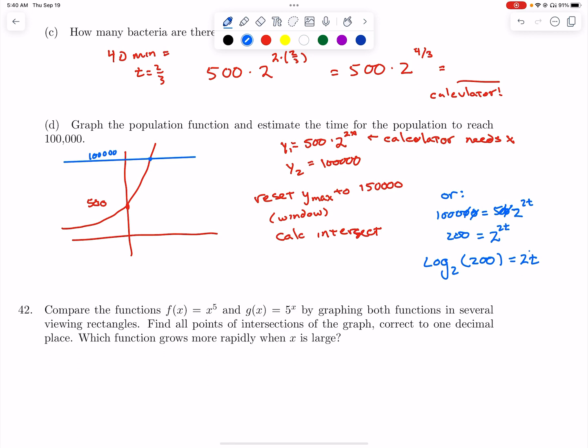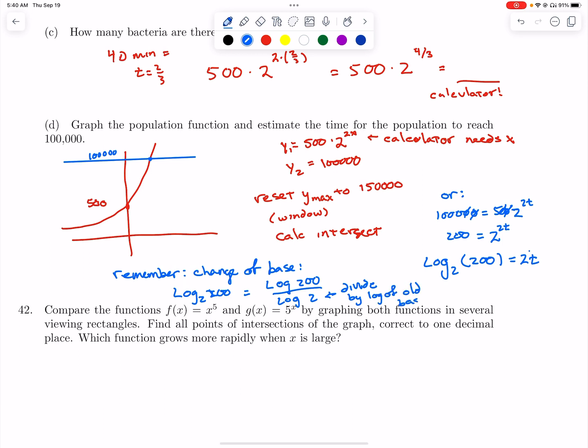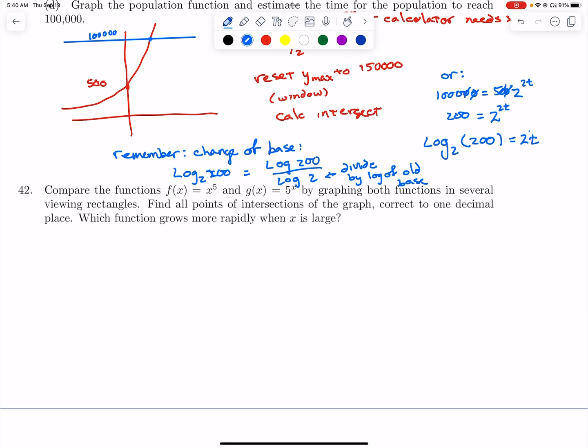And remember that you can change the base by dividing by the log of the old base. And again, I forgot the calculator. Oops, sorry.